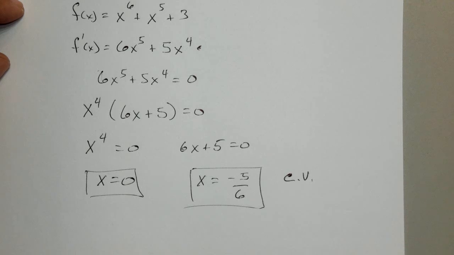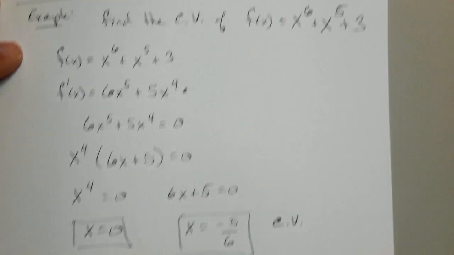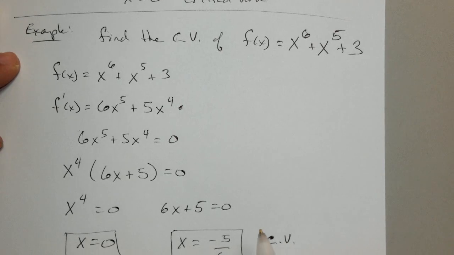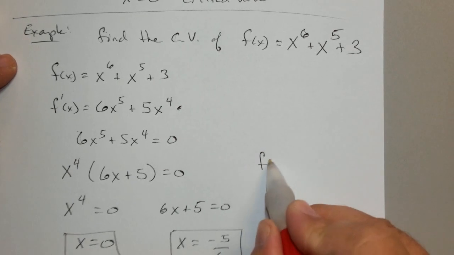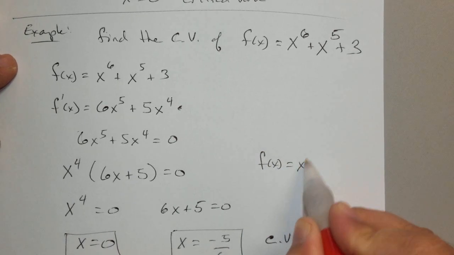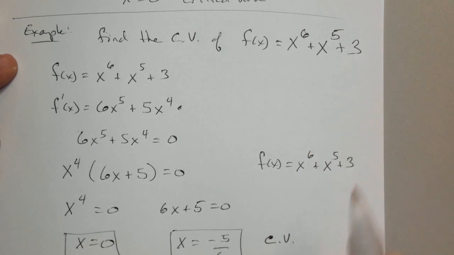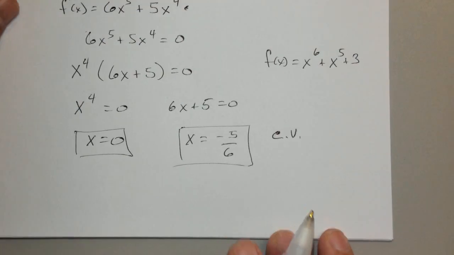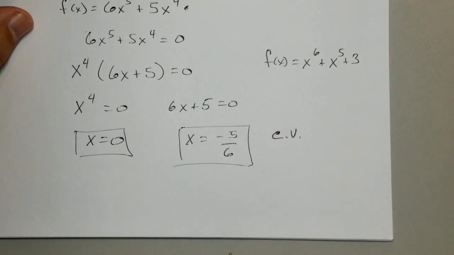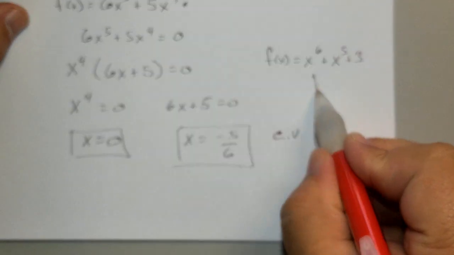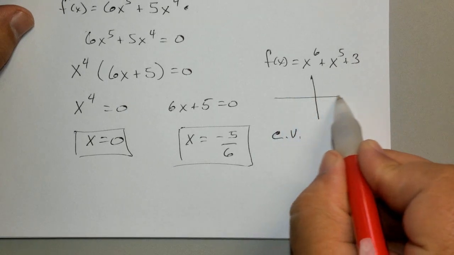Let's go and find out if one of those two would be the absolute minimum. What is this graph going to look like? What's the degree of the function?